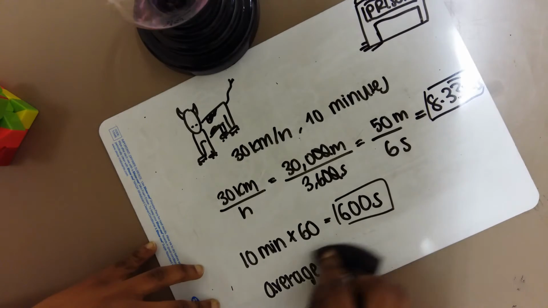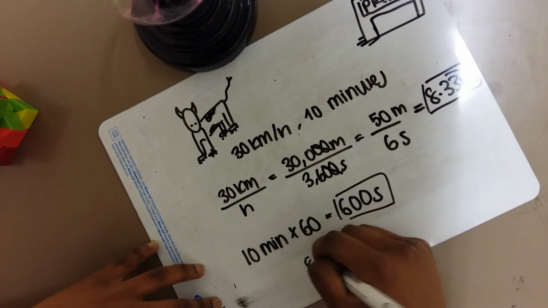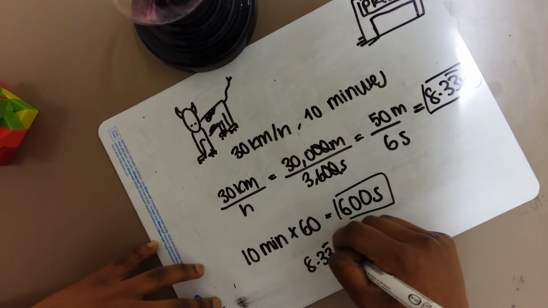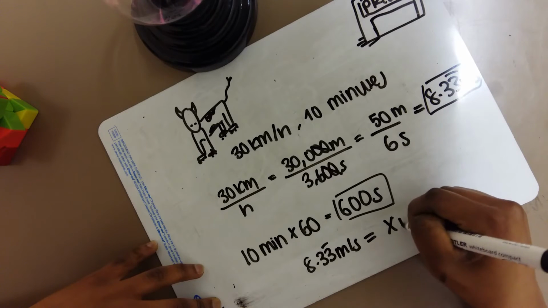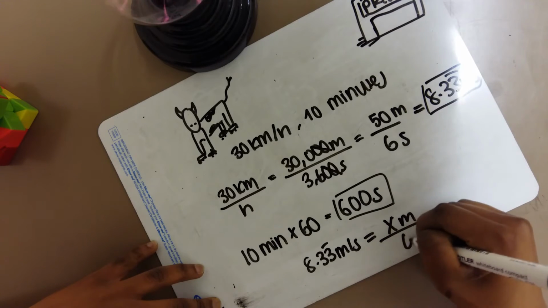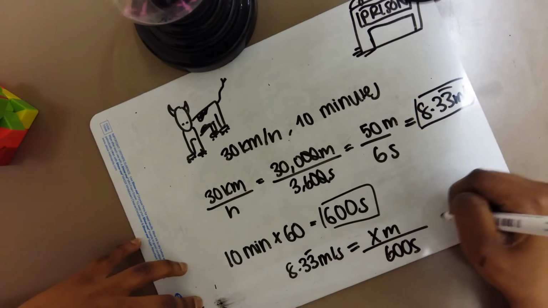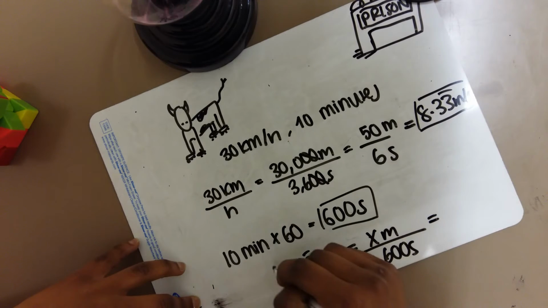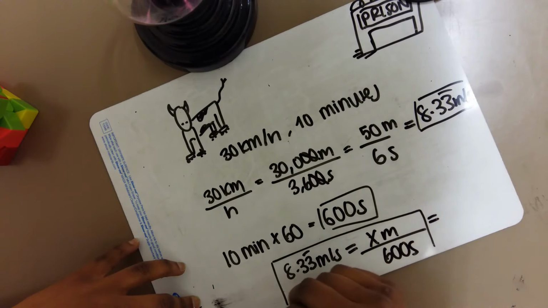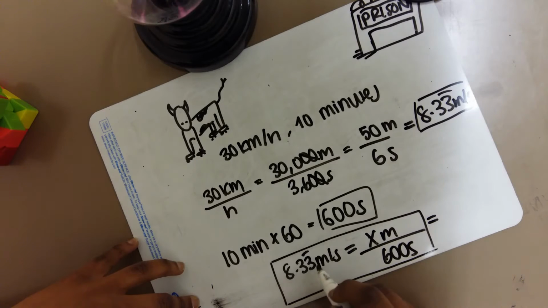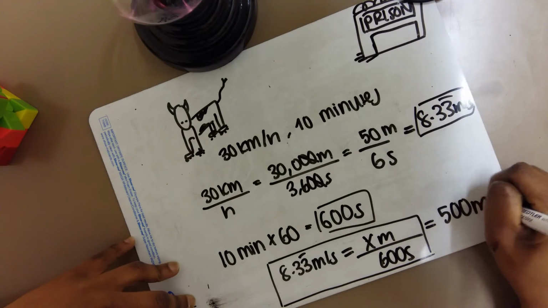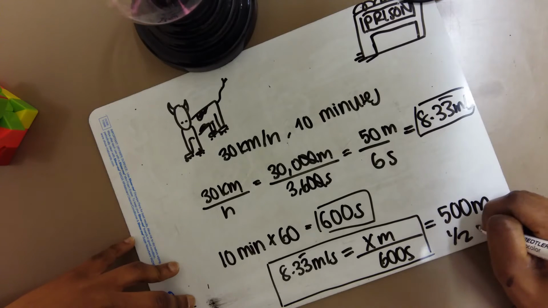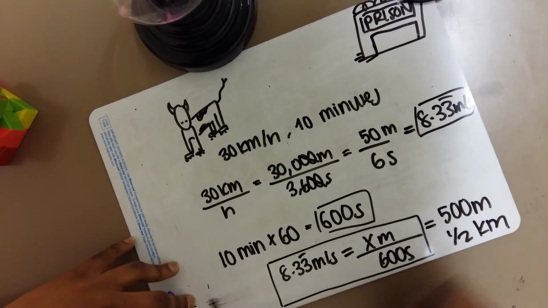So if we plug those values in, we get 8.33 recurring meters per second equals x meters over 600 seconds. So if we rearrange this, we get 8.33 recurring times 600, which gives us 500 meters, which is exactly half a kilometer.